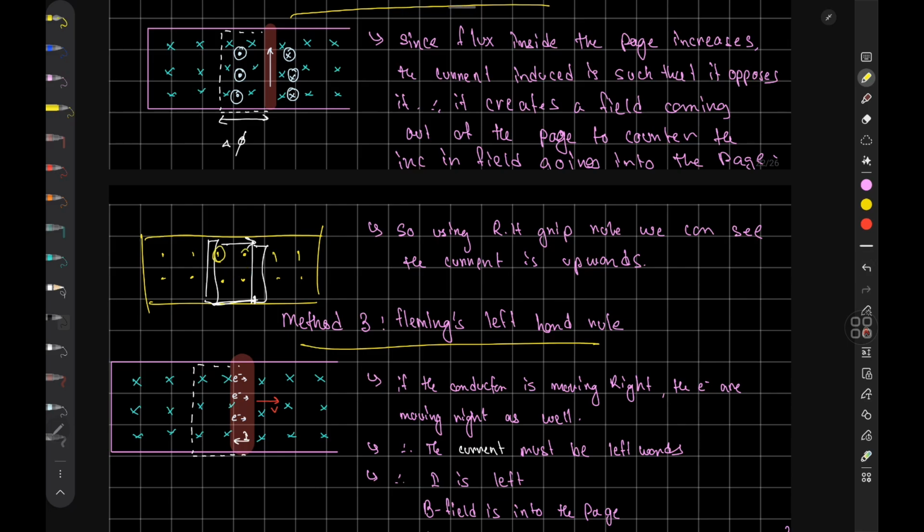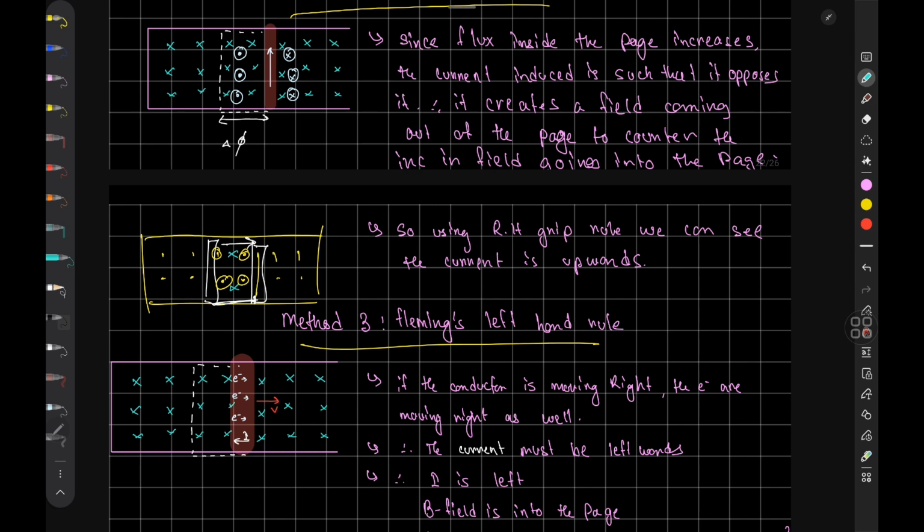So the opposite to this direction, that is into the page. So I want to induce a current in this conductor such that in this region, that is left of the conductor, I have magnetic field into the page, due to the induced current.